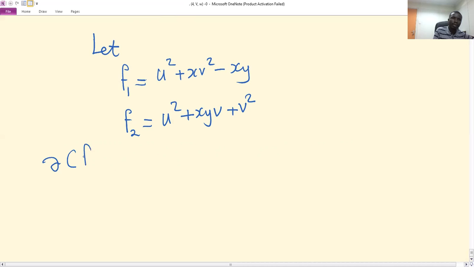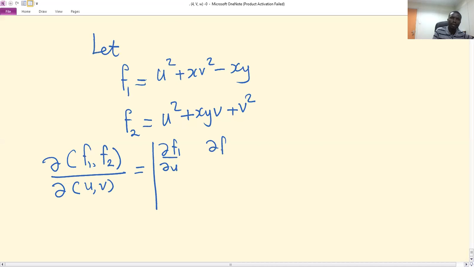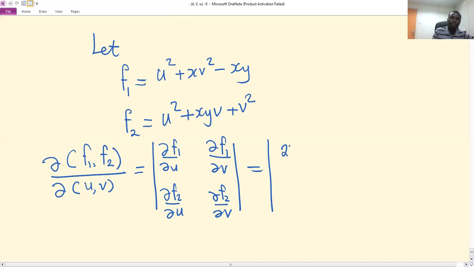Then the Jacobian of f1, f2 with respect to u, v will be the determinant of partial f1 partial u, partial f1 partial v, partial f2 partial u, partial f2 partial v, which equals 2u, 2xv, 2u, xy plus 2v.